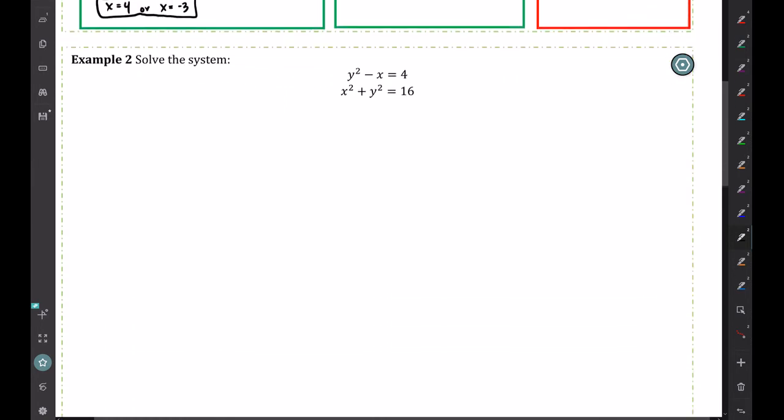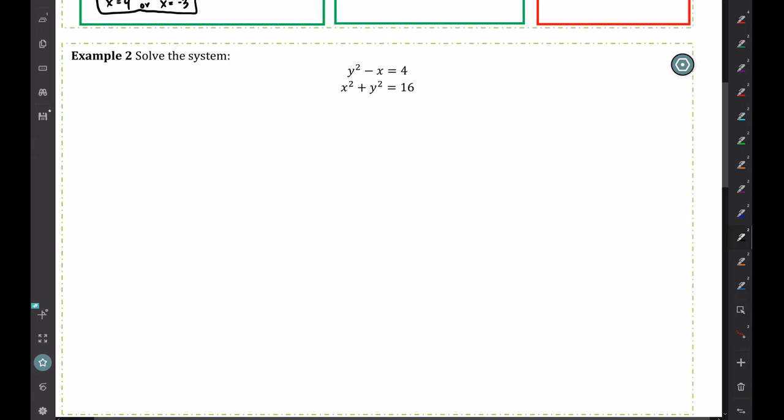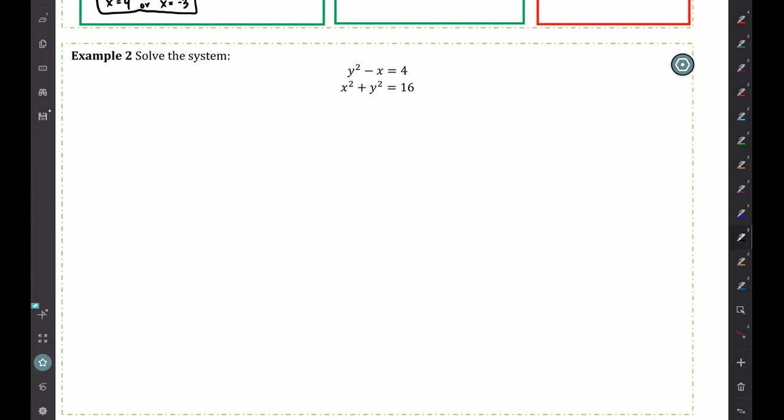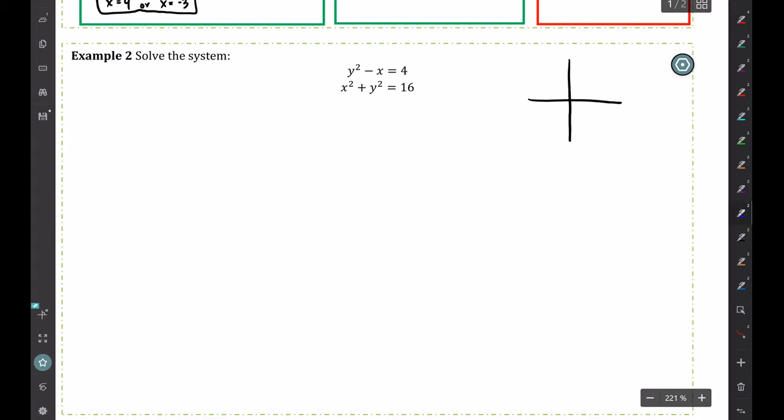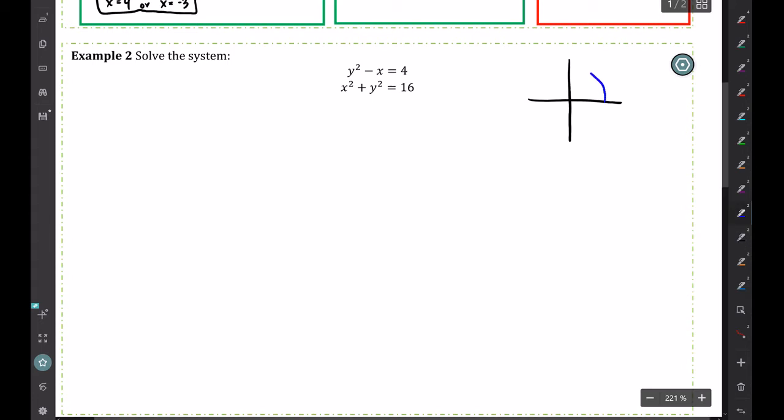Okay, now in this next example, we have x squared plus y squared equals 16. That would be a circle of radius 4. So my blue equation is a circle of radius 4.